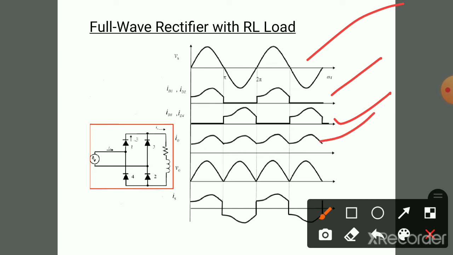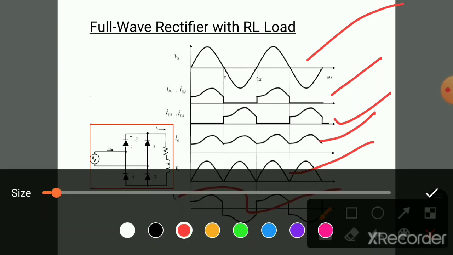This is the output current, that is, the current across the load, indicated as I0. V0 is the output voltage, and Is is the supply current. This is how your waveforms will be.